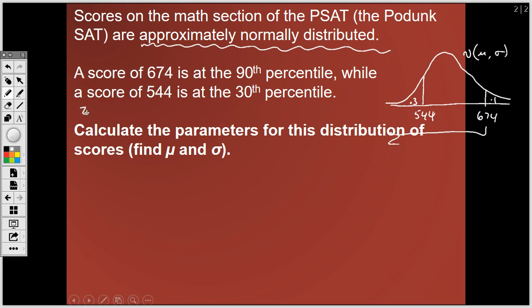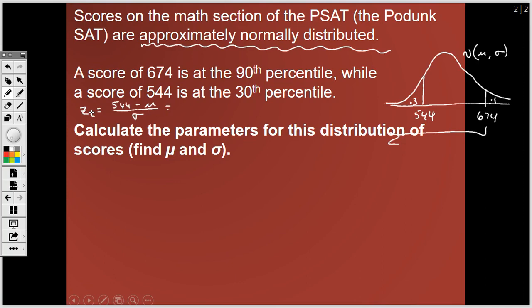I have the z-score for the lower value, and that's equal to 544 minus the mean divided by the standard deviation. And then I've got to get my calculator to do inverse normal of 0.3 to the left. I'm looking up this area to find a z-score, because this is the z-score for the 30th percentile, right?